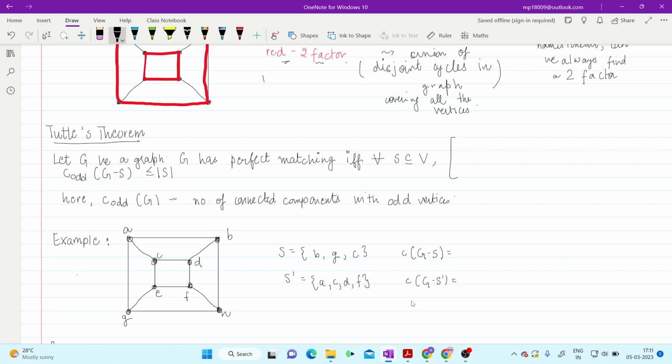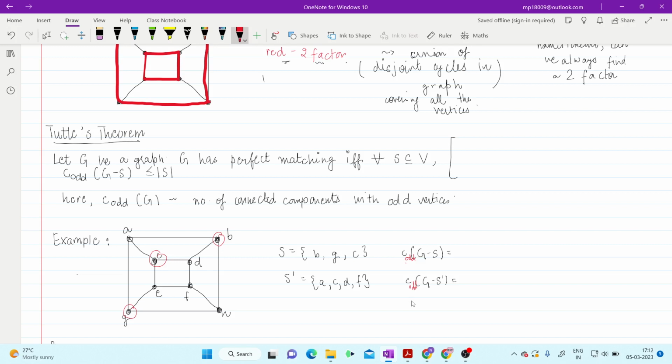So if I take my set S to be vertices B, G, and C, and I remove these three vertices, can you tell me what the number of odd components will be? Tutte's condition is saying that if we are removing three vertices, then the number of connected components with odd vertices, which o(G minus S) counts, should be less than or equal to 3.